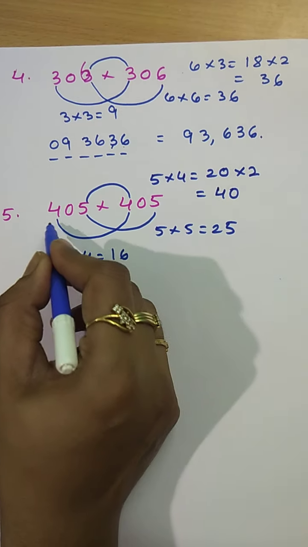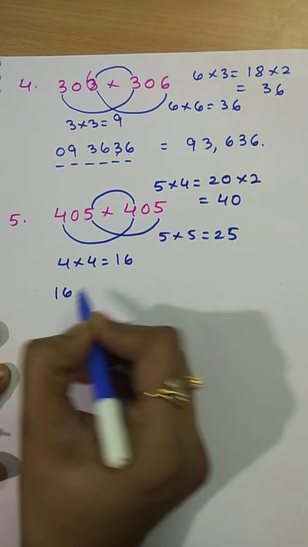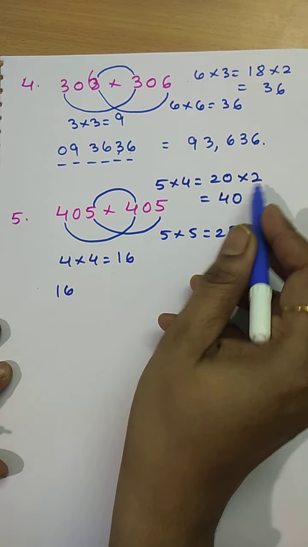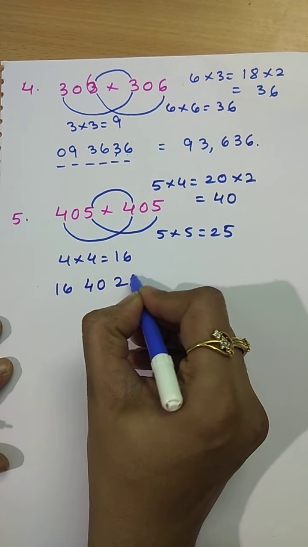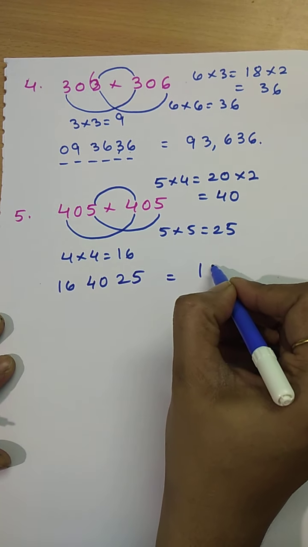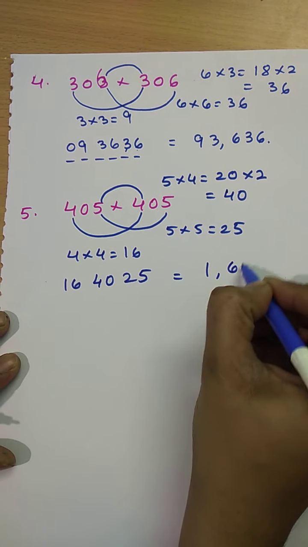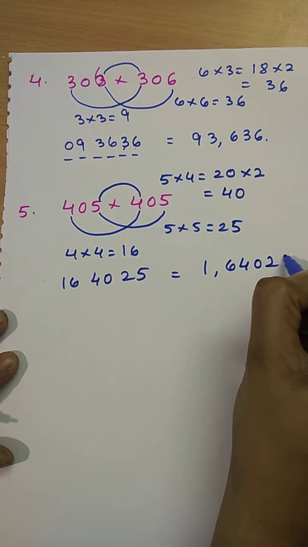So write 4 into 4, 16 first; 5 into 4, 20, into 2, 40 second; after that 5 into 5, 25. So the answer will be 164,025.